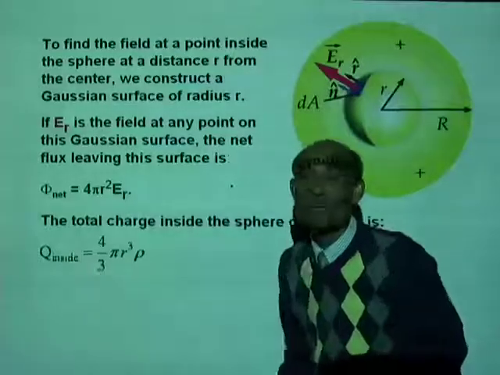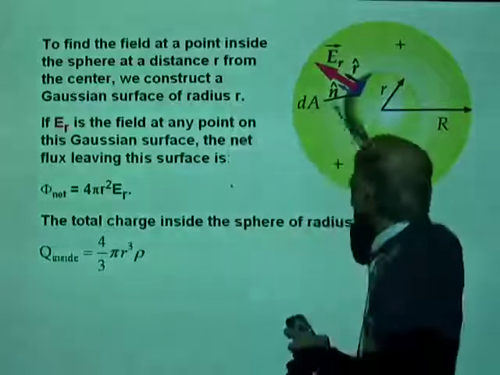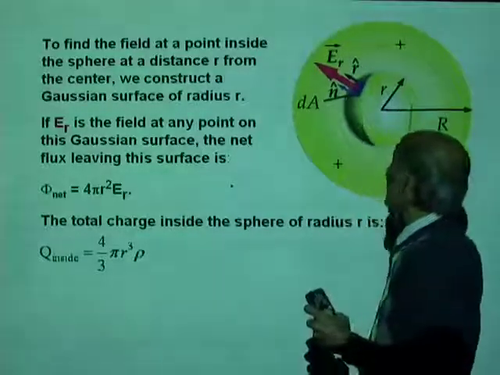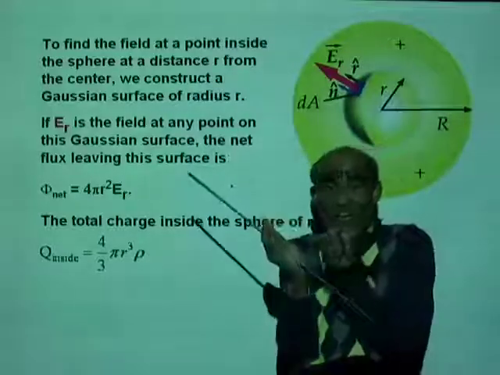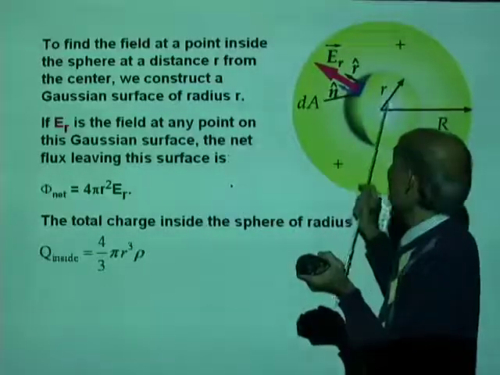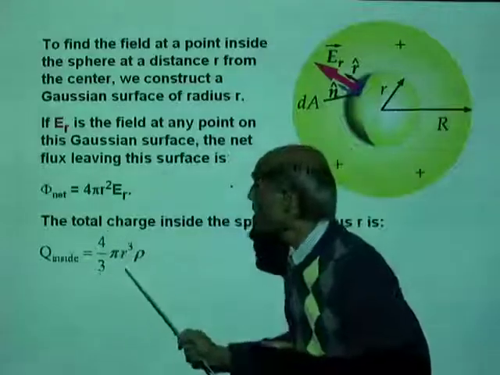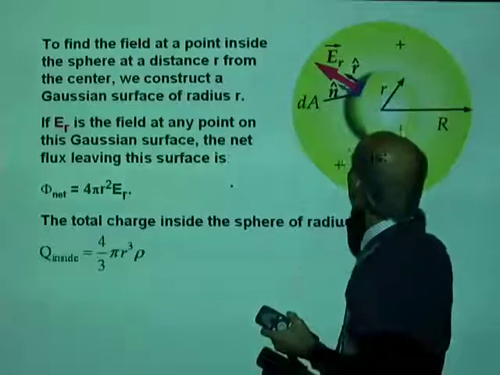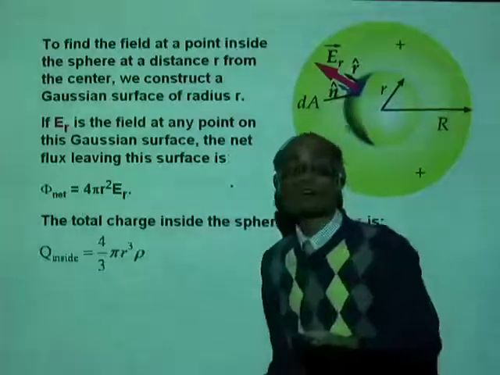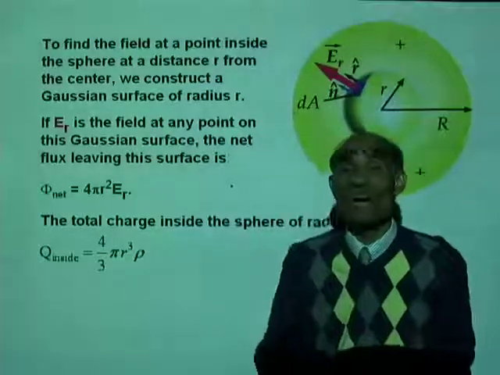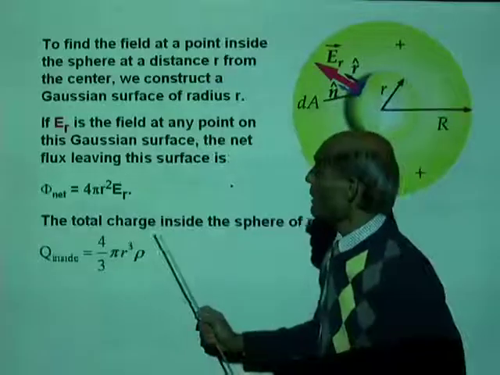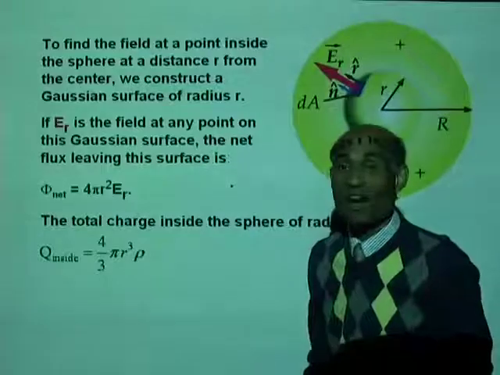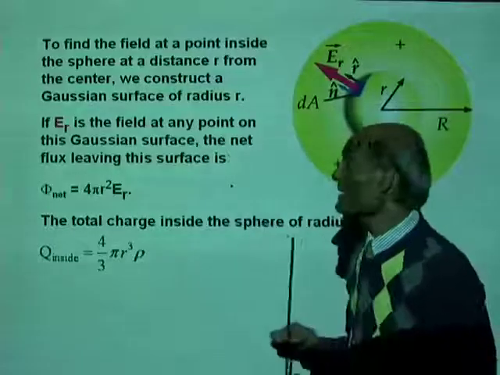What does Q inside mean? The amount of charge inside that Gaussian surface, inside that small sphere of radius r, will be 4/3 pi r cube, the volume of that sphere, multiplied by rho, the volume charge density. Now, if this is the amount of charge inside, what does Gauss's law say?